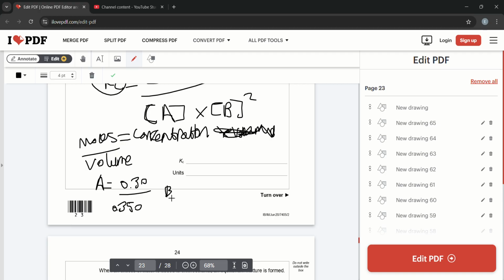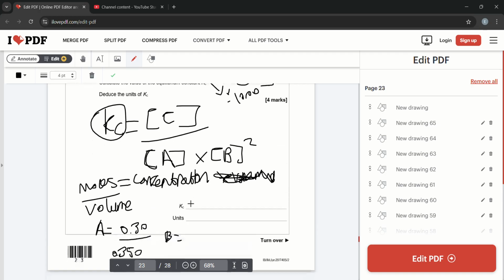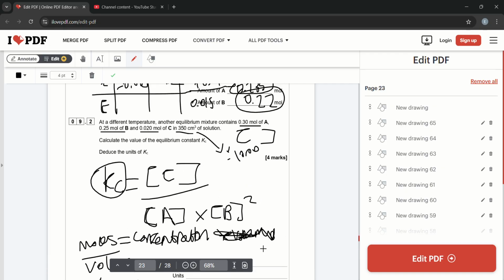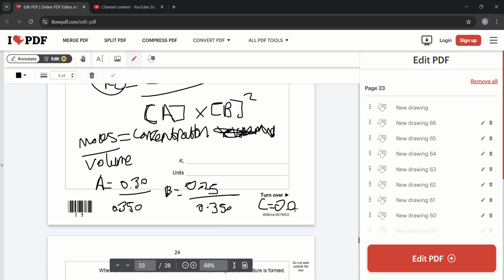For B, it's going to be 0.25 divided by 0.350, and for C, it's going to be 0.02 over 0.350.